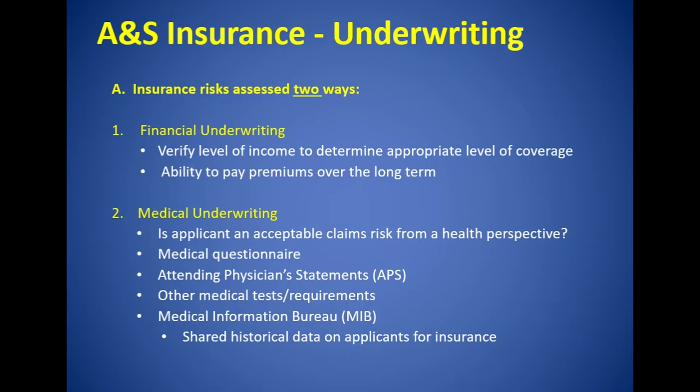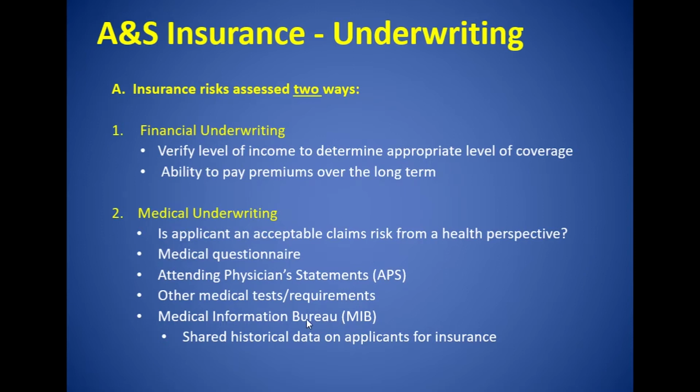And so you'll also see all of the standard types of requirements and sources that they will access, as they did for underwriting life insurance policies. They'll also access the MIB. You may recall the Medical Information Bureau.